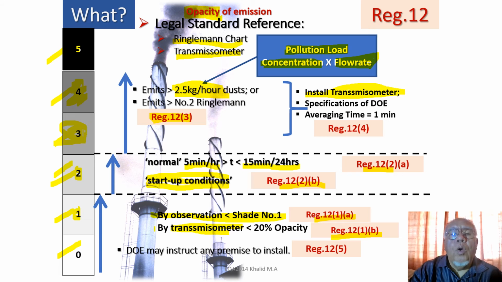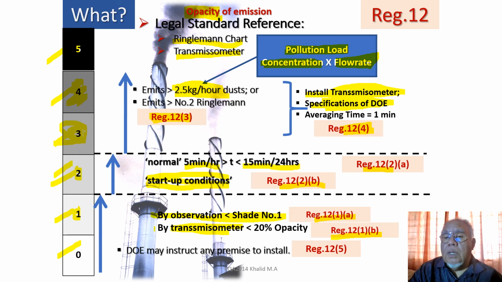And then when that happens, automatically under regulation 12.4, we have to install transmissometer, and then the law says according to DOE specification. Now, how this is done, you pilih lah whatever type of transmissometer that you want to install.